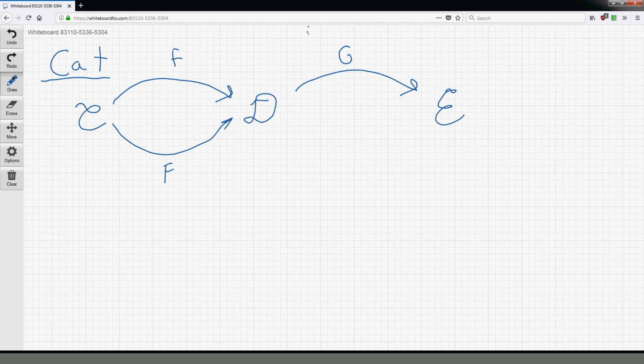You know what? Before we talk about that, let me give an example first. So I'm sort of drawing the functor category between C and D.